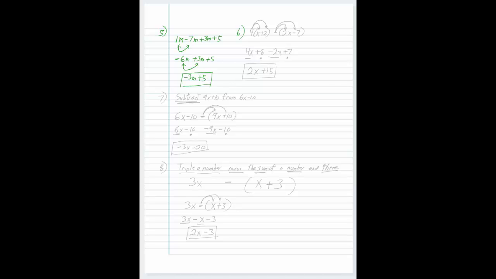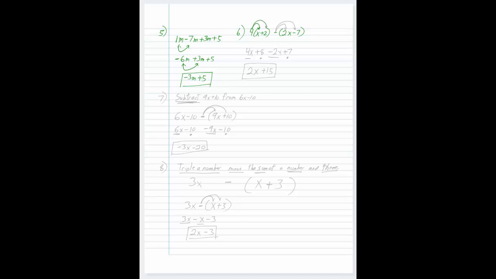Number 6. We have 4 parentheses x plus 2 minus parentheses 2x minus 7. The 4 here means we're going to multiply everything inside parentheses by 4.